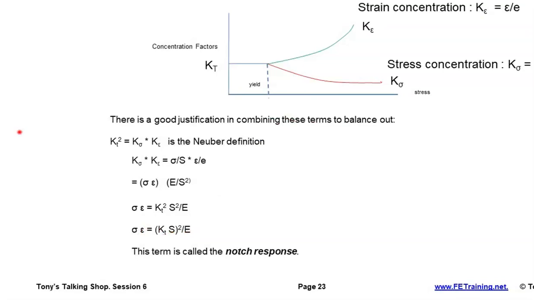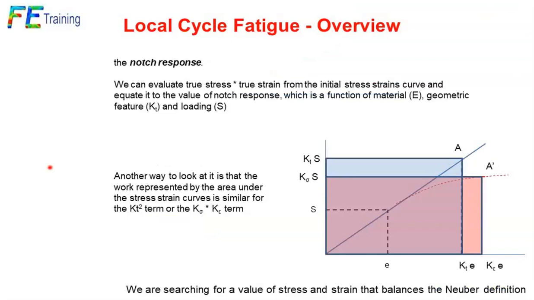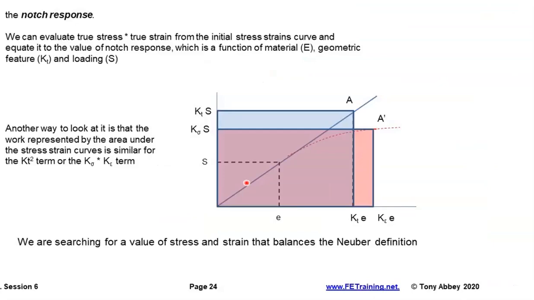So everything on the right-hand side, we can actually calculate based on the knowledge of the general load level that we apply. The interesting terms on the left-hand side are what's actually happening locally. So those two terms, the stress and the strain, are the limits we reach on our nonlinear curve as we apply just our simple definition of our nominal stress times the stress concentration factor. So that's the magic of the Neuber approach, just very locally. Now, one of the justifications is, well, the area underneath this is the work done.